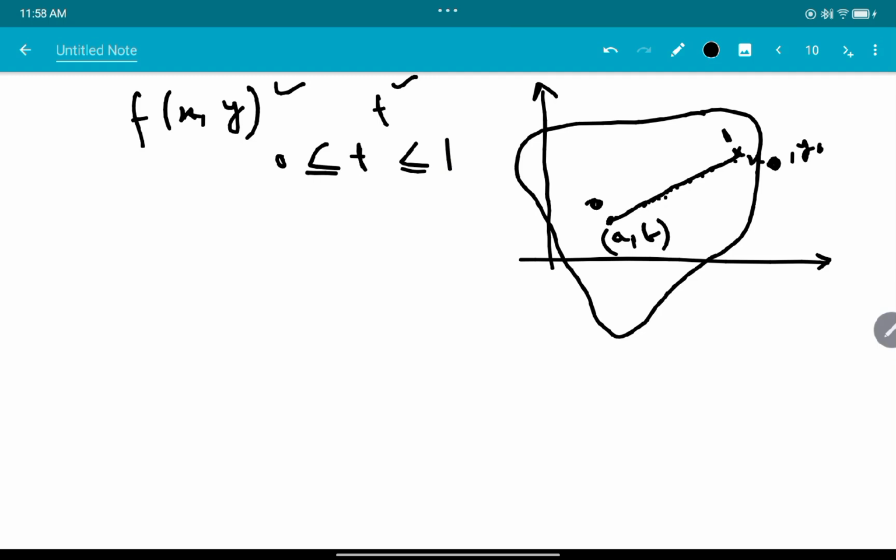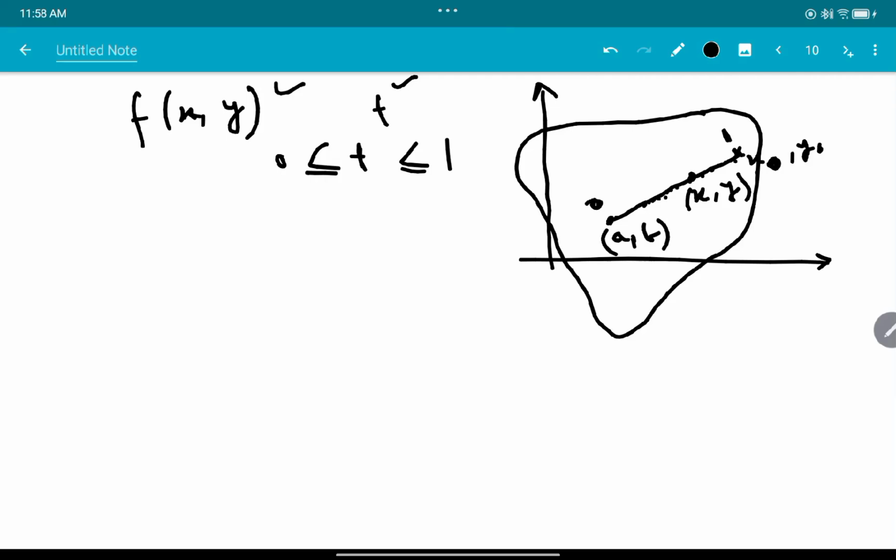Now I can express the coordinates of any point, say a point here whose coordinates are x, y, in terms of t easily.